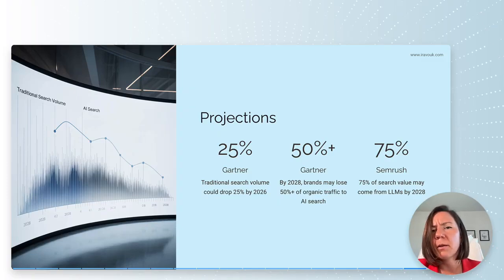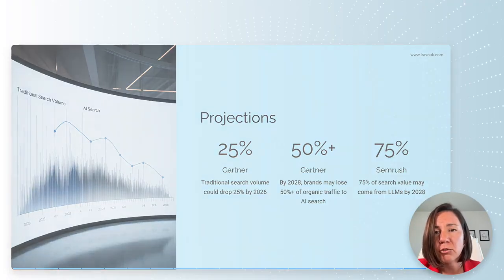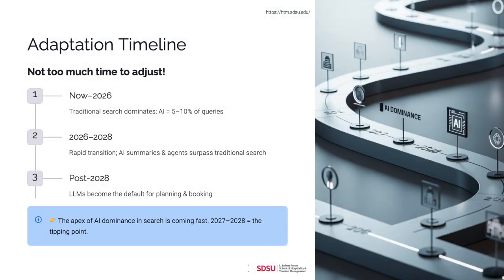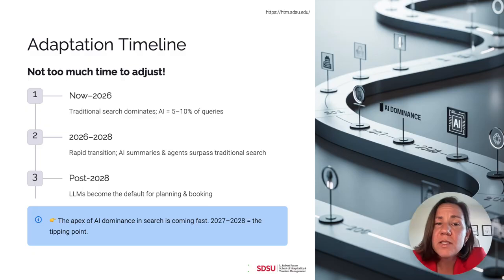Other studies back this up. SEMrush forecasts that by 2028, LLM-based search may account for up to 75% of search-related value, overtaking traditional traffic in many industries. For businesses selling products online, the timeline looks something like this.